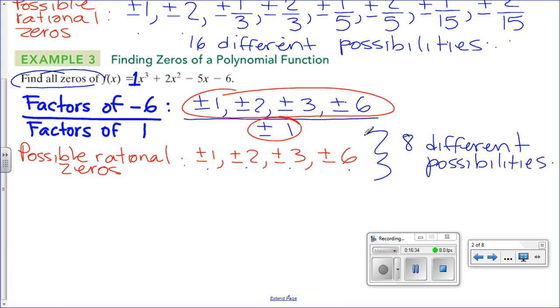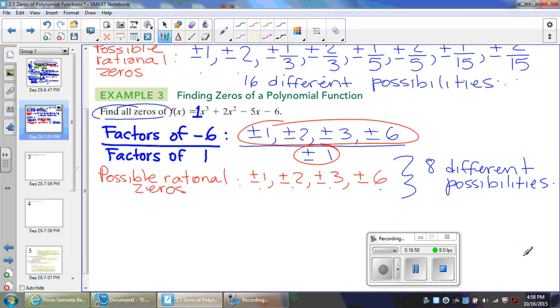Now, you have to keep in mind that this theorem was created when graphing calculators were not existent. But now we have them, and so we're going to make good use of them. So what we're going to do now is, with your graphing calculator, I would like for you to graph the polynomial.